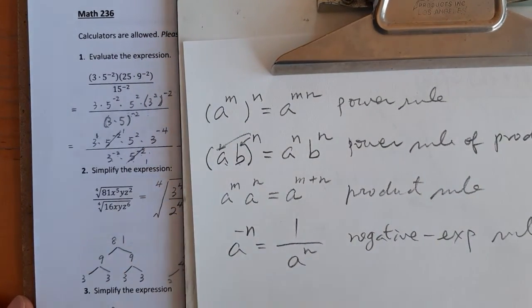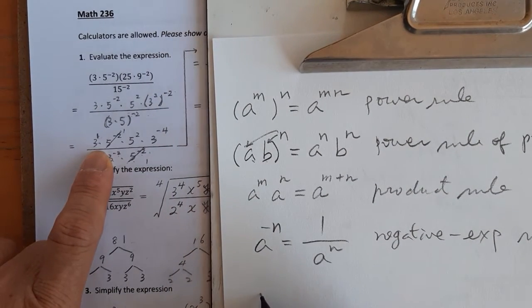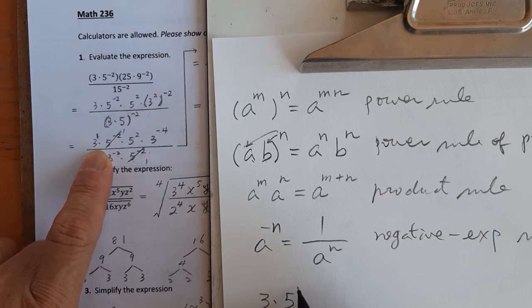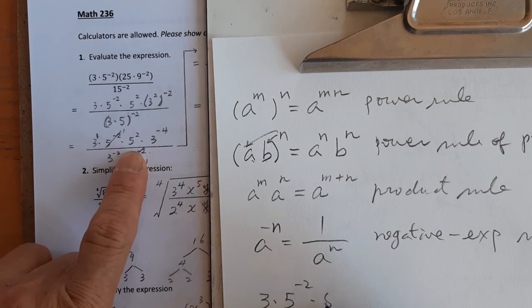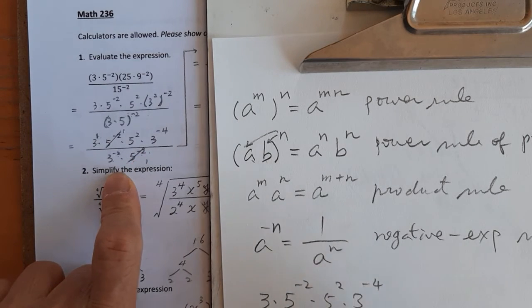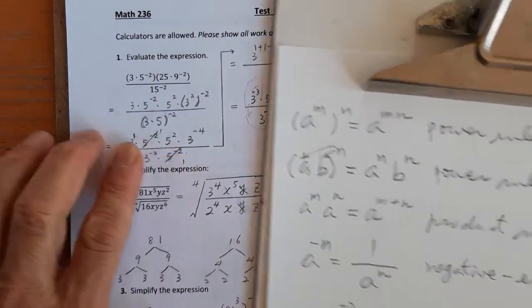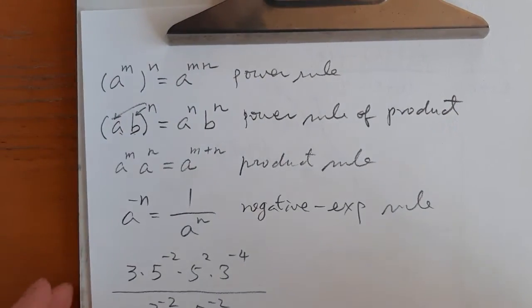express way to do it. So if you start over here, 3 times 5 to the negative 2 times 5 squared times 3 to the negative 4 over 3 to the negative 2 times 5 to the negative 2. We start over here. You want to do a quick way.